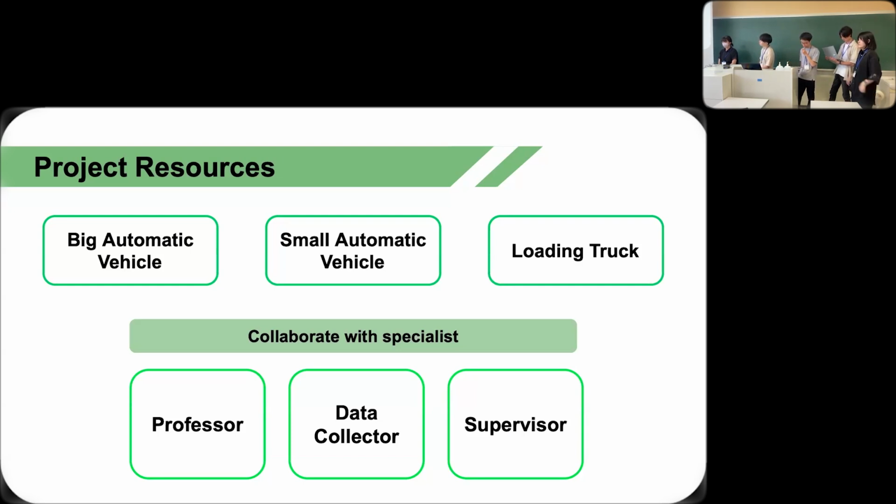In addition, our project collaborates with specialists like professors to develop automatic systems, data collectors to gather data about road condition or snow condition, and supervisors to control automatic systems and monitor operation so that they can keep operation safe.